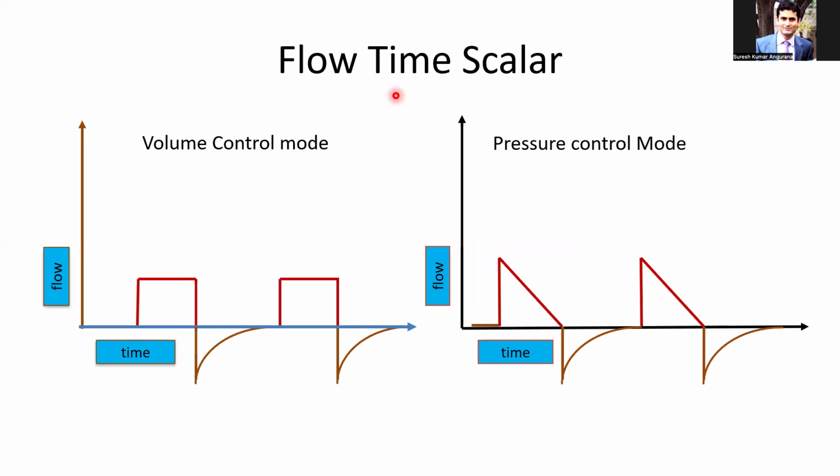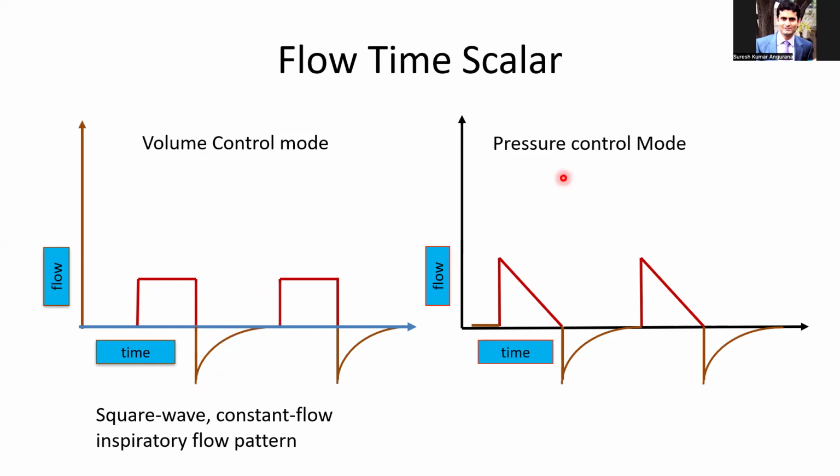So this is a flow time scalar. There is a difference in the shape of the flow time scalar during volume control and pressure control modes of ventilation. In volume control mode, the inspiratory part of the flow is a square wave constant flow pattern, and the expiratory phase is negative like this.